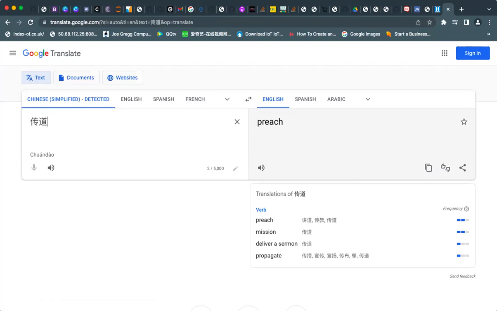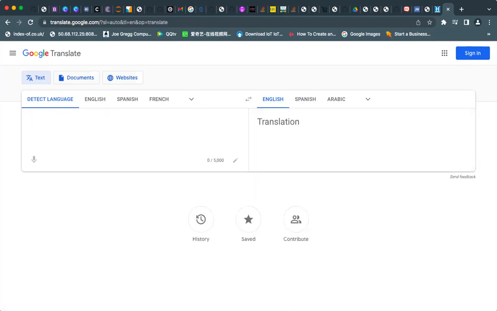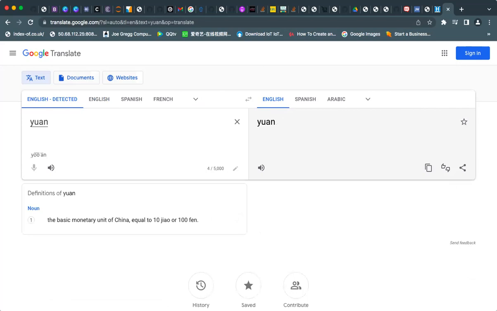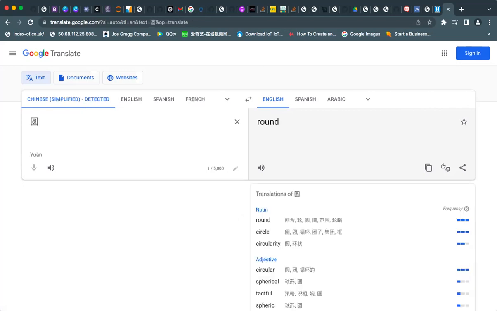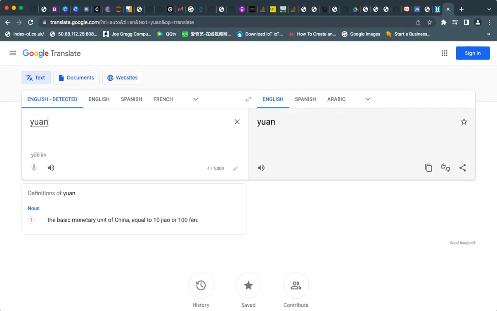Okay, so 传道, and then we add this word. Let's type the word alone. 员. We have this one, but not that one. It looks like that one, but it's not. There's another one over here.